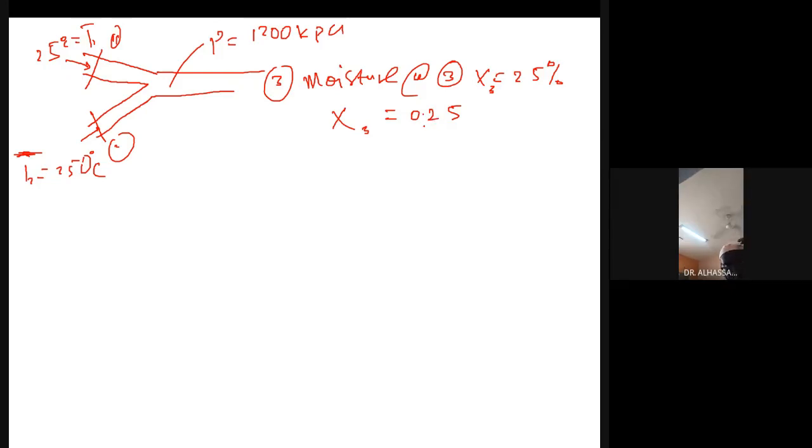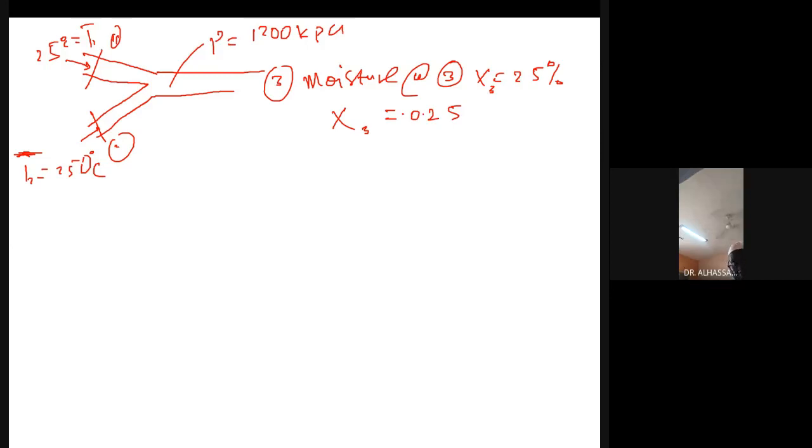Now we need to establish the energy balance throughout the system first. The first thing we want to find, it says, determine the ratio Y of the mass flow rate of the cold water and the mass flow rate of the steam.